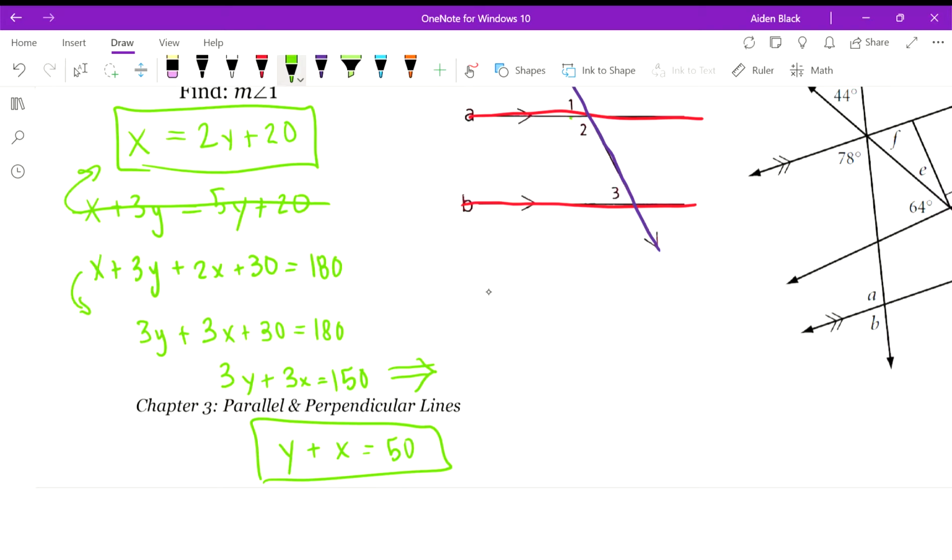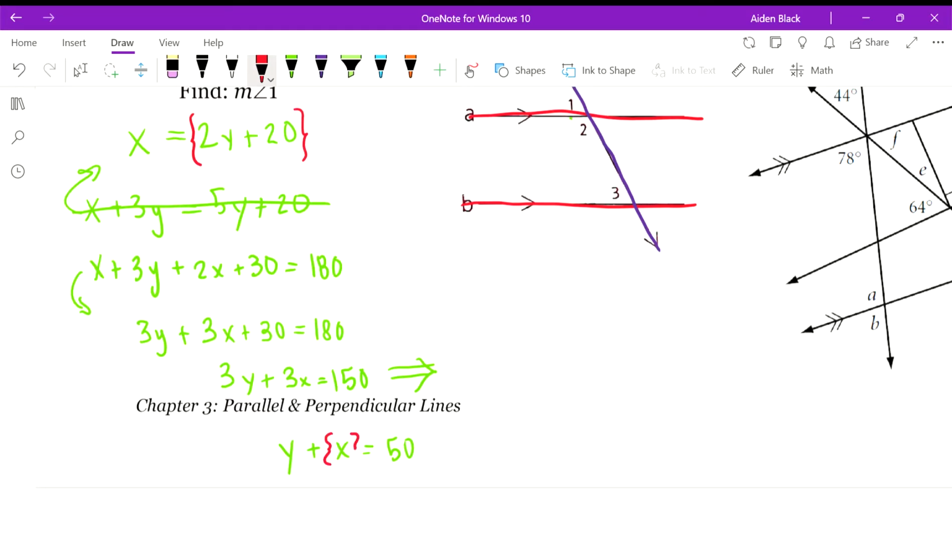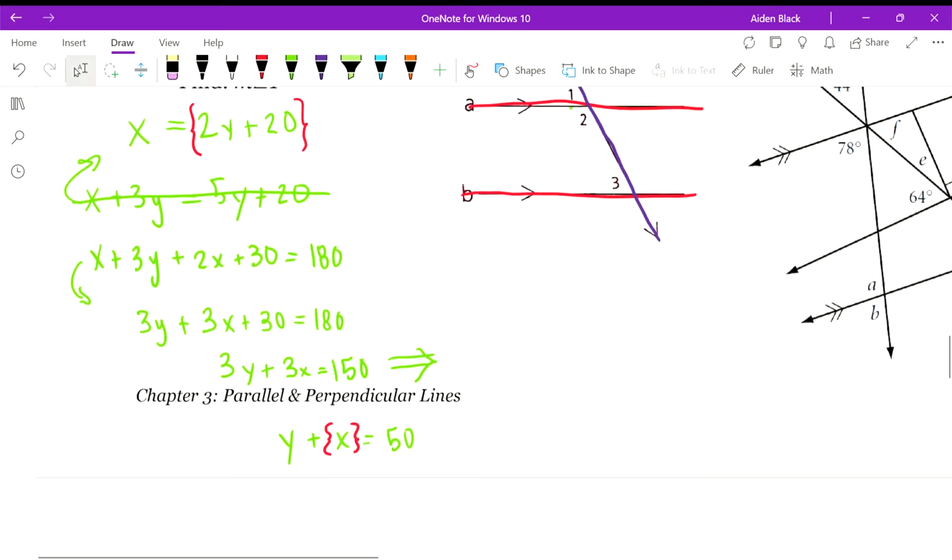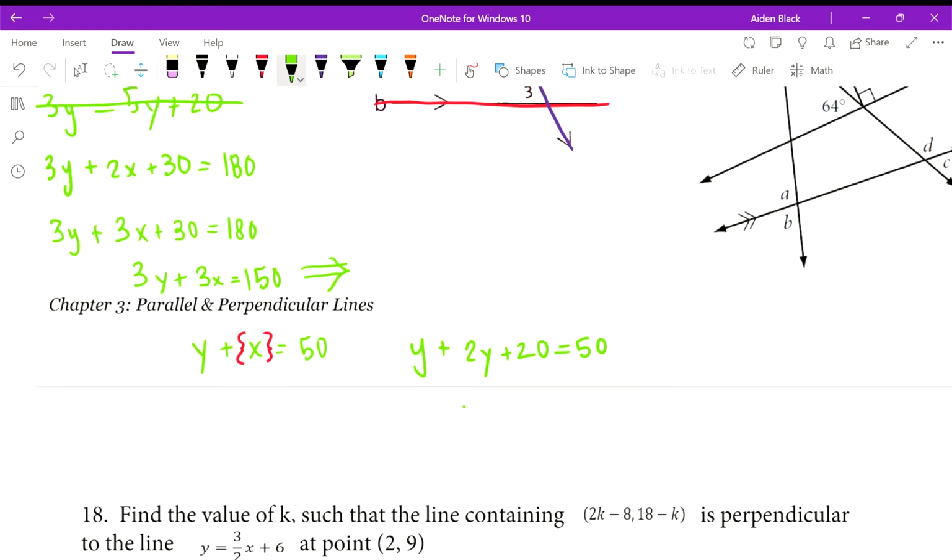What I can do is substitute. Where x is equal to 2y plus 20, I'll replace that in the equation down here. So I'm going to rewrite it: y plus, and I'm going to put in what x is equal to, 2y plus 20, is equal to 50. Combine like terms and subtract 20 from both sides, and find out that y equals 10.